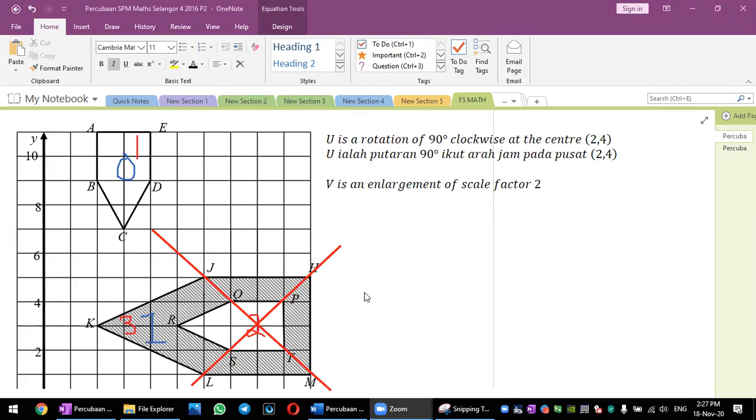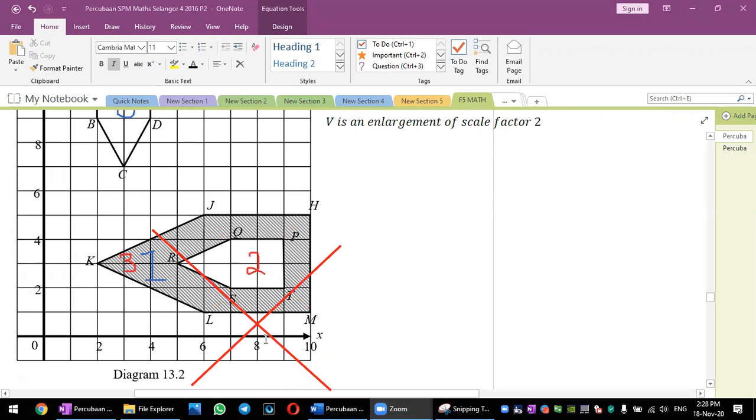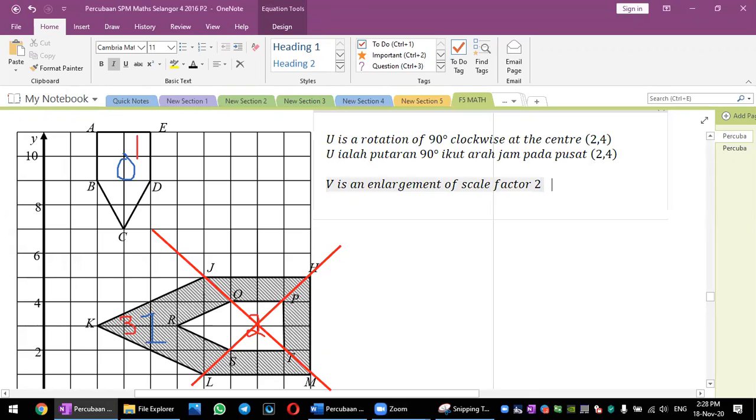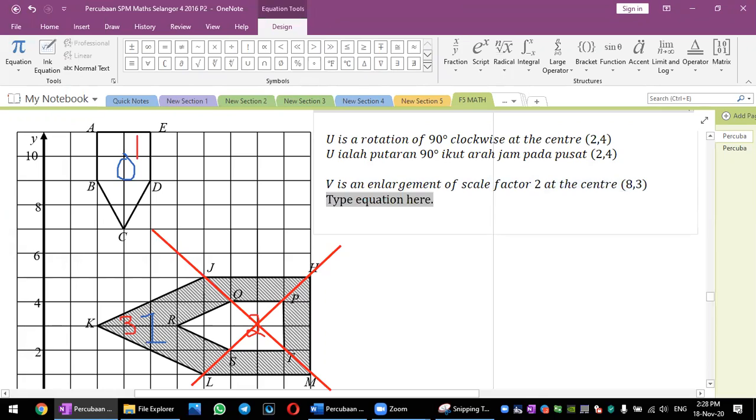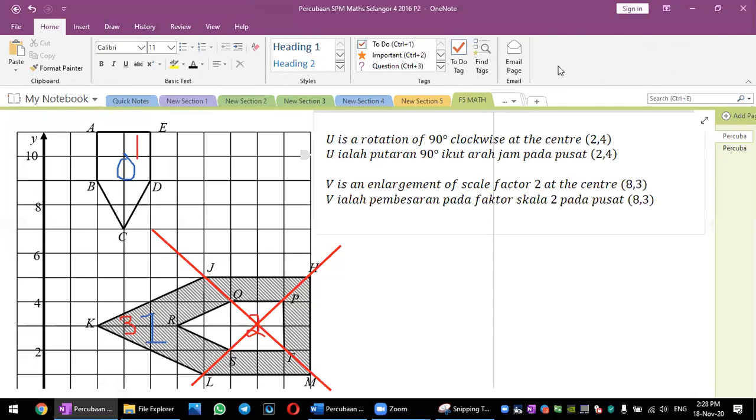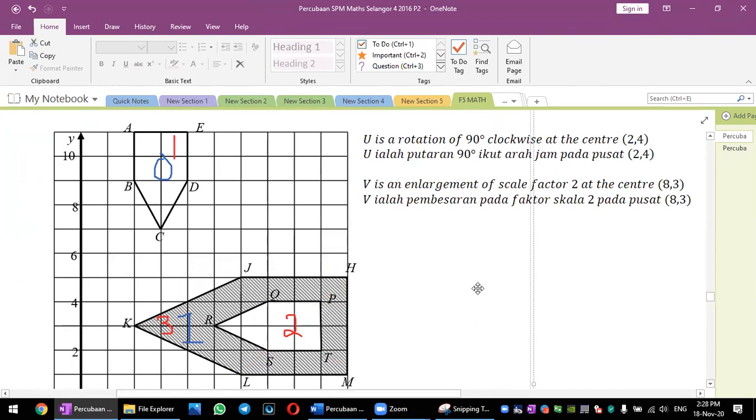So the center is here, 8, 3. So V ialah pembesaran pada faktor skala 2 pada pusat 8, 3. Like this. Tak susah banyak, cuma perlu cari dua benda.